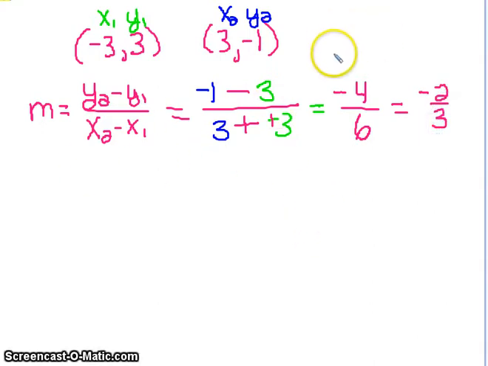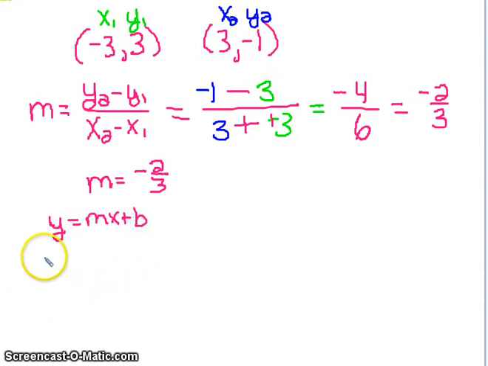Now that I know my slope, I need a y-intercept. It's up to you which one of your formulas you want to use. If you want to just plug into y equals mx plus b, you can use either of those points.